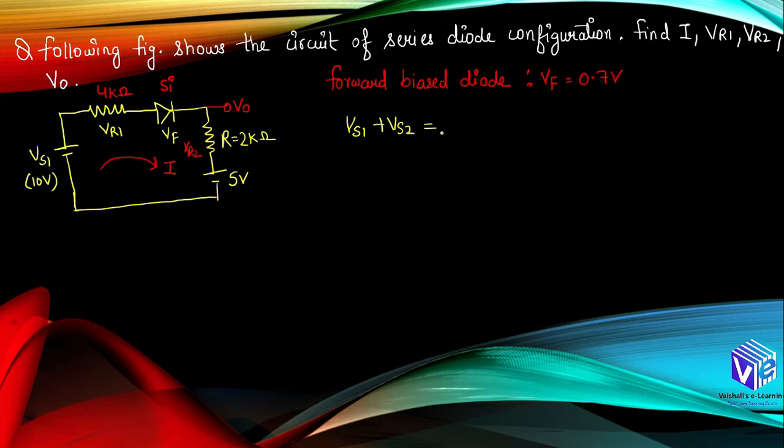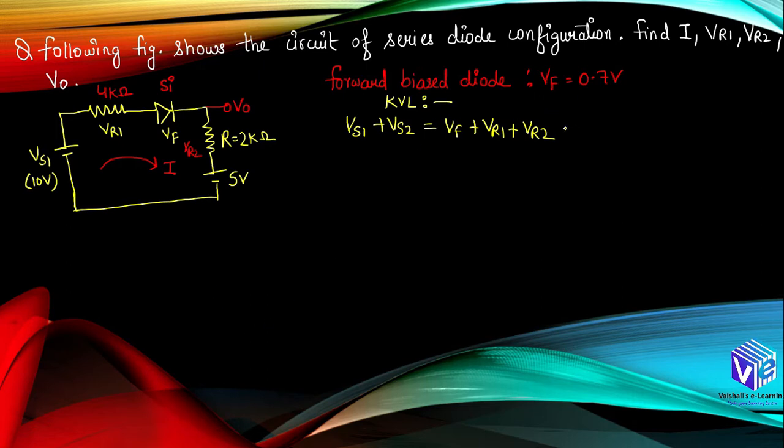So it will be equal to VF plus VR1 plus VR2. This is how I can represent this equation. This is just the KVL that we have applied in this circuit. You are all aware of KVL, Kirchhoff's voltage law, and I just applied that.